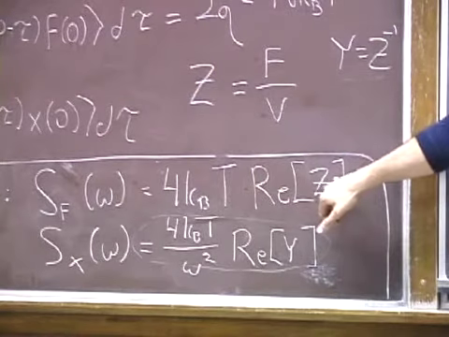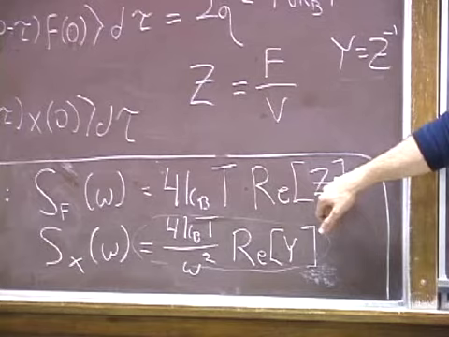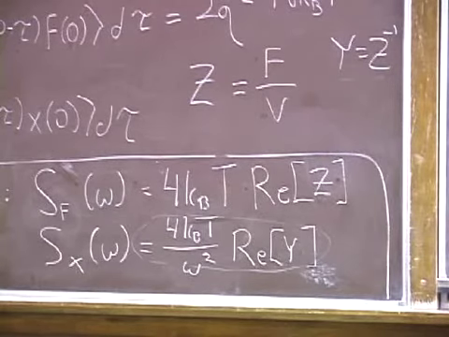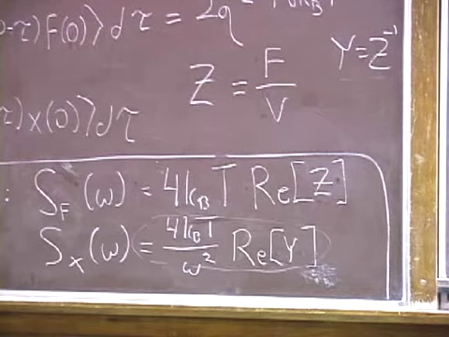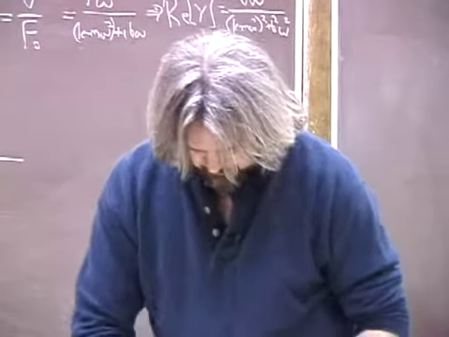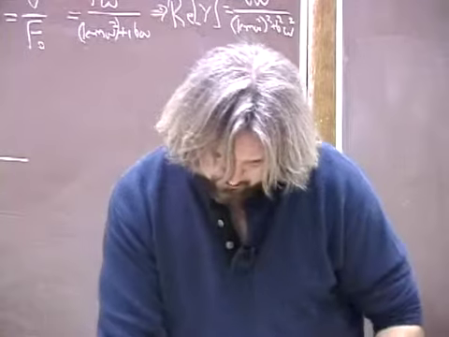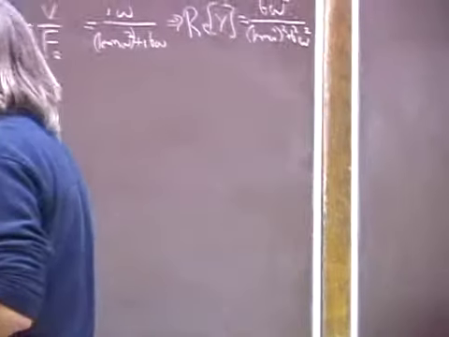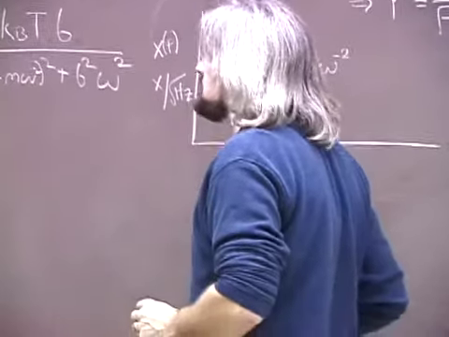Or you can measure dissipation, which is typically much easier. And it gives you a better handle to understand where the noise in the system is coming from and what one might be able to do about it. So in order to understand thermal noise, we need to understand dissipation.